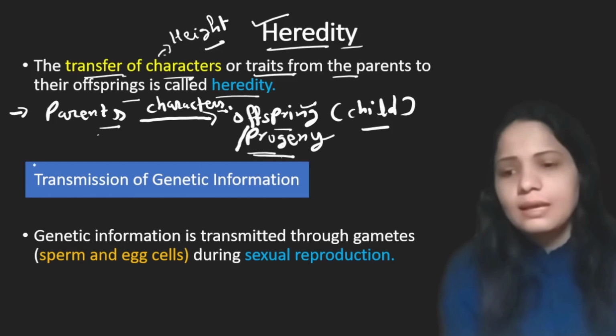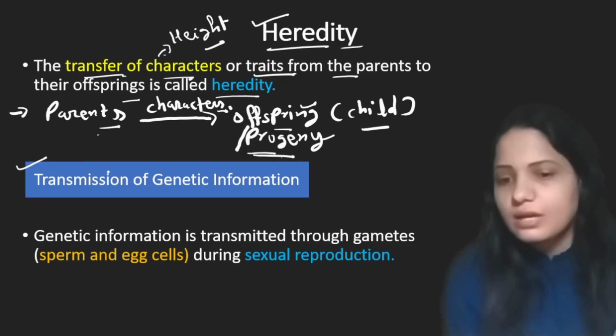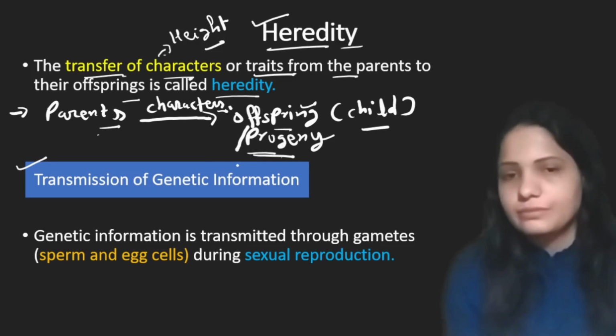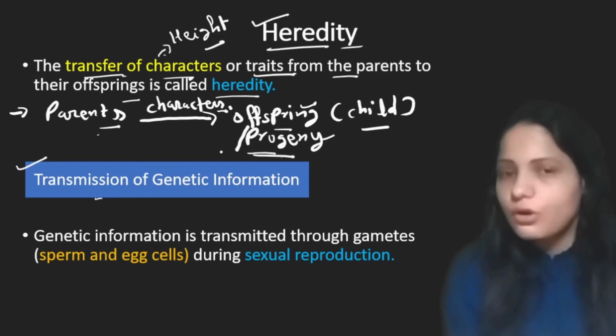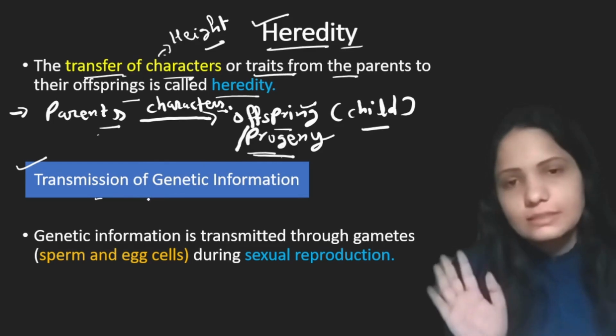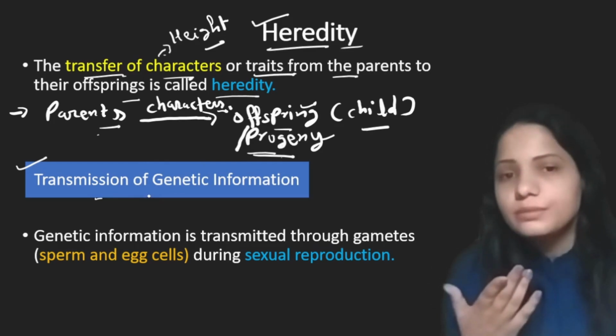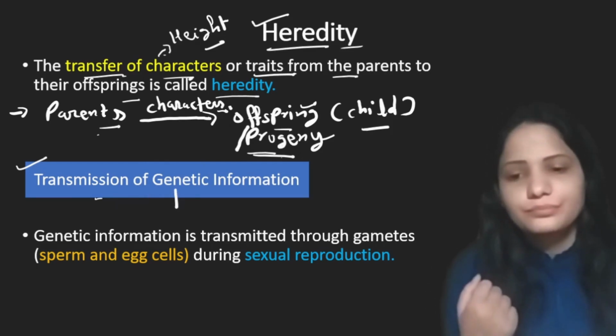Understood? Transmission of genetic information occurs with the help of this process, heredity. So heredity is important for transmission of genetic information. Why is heredity important? For the transmission of genetic information. One line answer. What is genetic information?